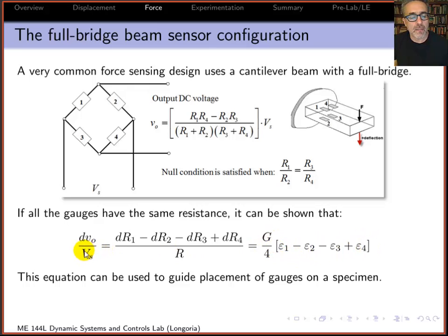In other words, this equation will give you dV over V equal to G times epsilon, where epsilon is the strain at this point. Okay, so that's the nice thing about this full bridge, as shown here: it gives you a 4 times multiplier. And this is the configuration we use in the lab.